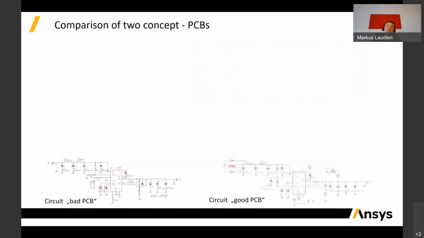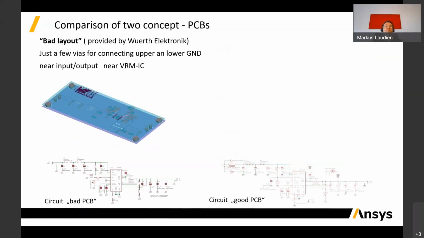Let's have a look at the two concepts of the PCBs, which Frank already has mentioned. What needs to be pointed out? The bad layout has really just a few vias for connecting the upper and the lower ground. You see here, there's the upper ground, underneath there's the lower ground, and there are just, I think, two vias.